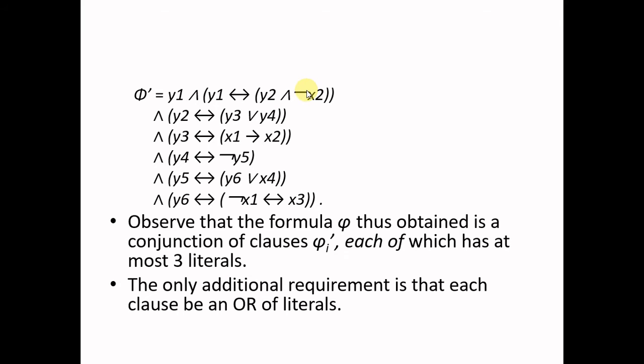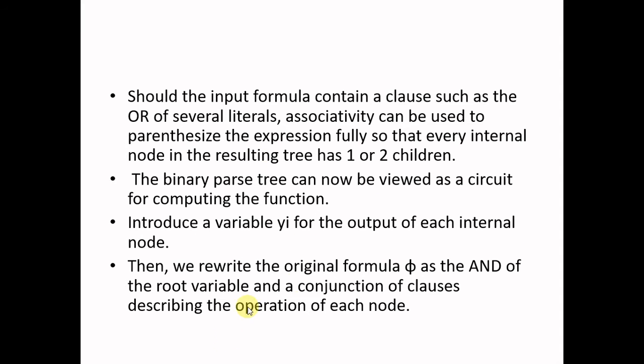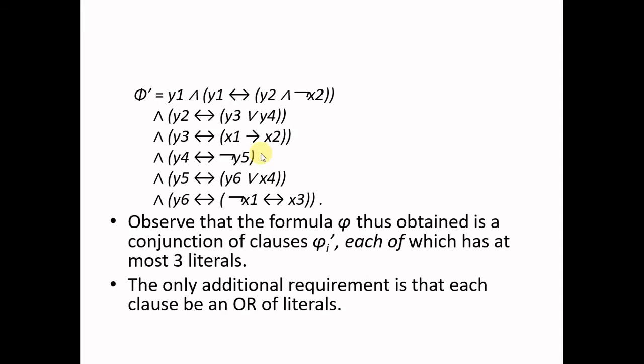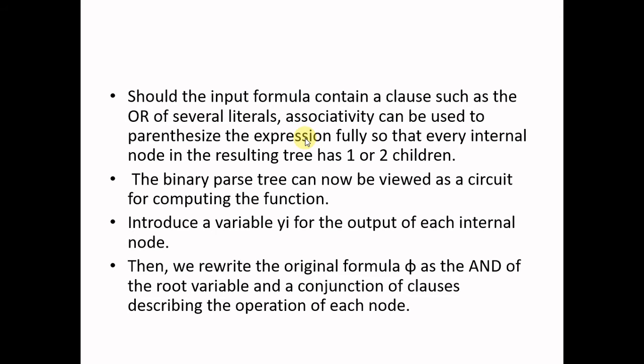In the parse tree, we write the Boolean formula using the root variable, AND the conjunction of clauses describing the operation of each node. So the operation of the first node is y1 if and only if y2 and negation x2.